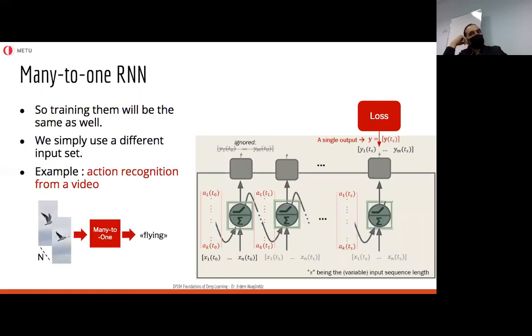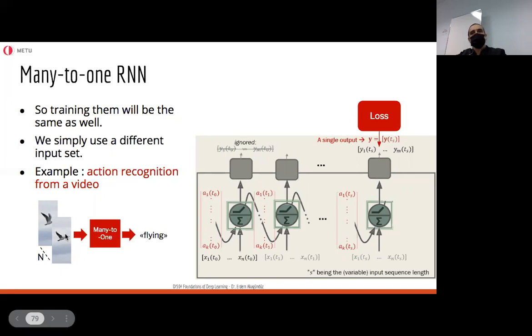For example, action recognition from a video, many different frames. You don't care what it says in between. You just want to look at the final result because you want that historical knowledge, the states, to accumulate to a point which is the perfect decision. So you ignore these outputs in training.